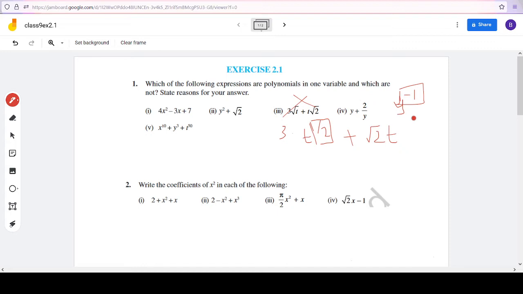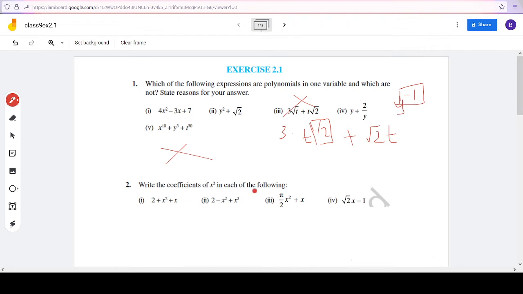This minus 1 makes the expression not a polynomial. Similarly, in the fifth question, there are three variables x, y and t. Even though it is a polynomial, it is not a polynomial in a single variable. So this is an interesting question with a few good examples.